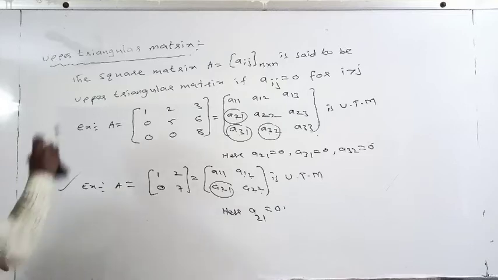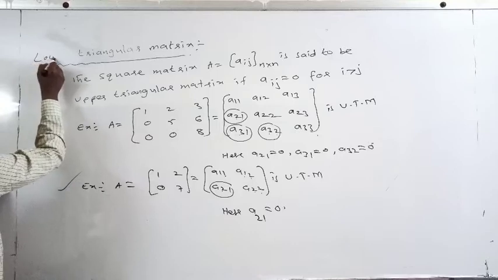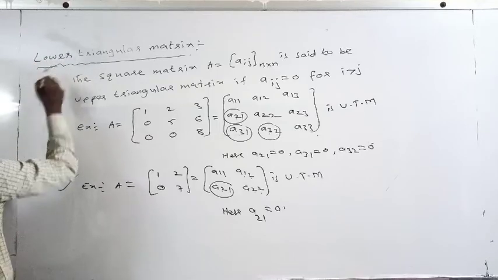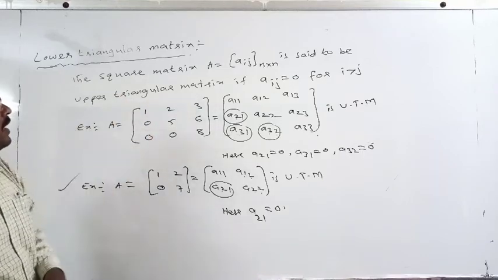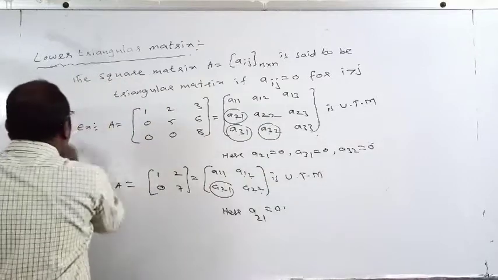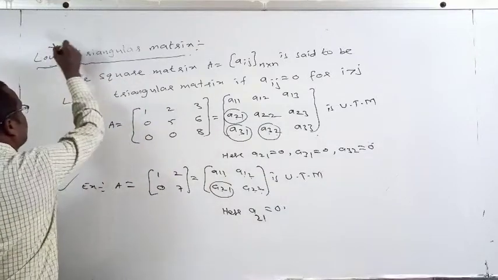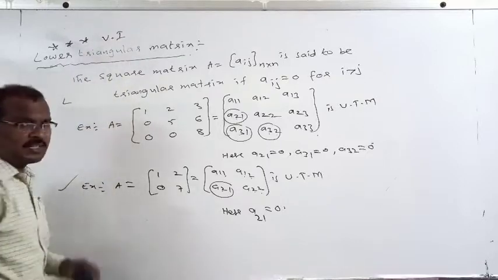So the next heading is lower triangular matrix. A square matrix A equal to [aij] is said to be a lower triangular matrix. This is very important from the examination point of view; they will ask the definition.